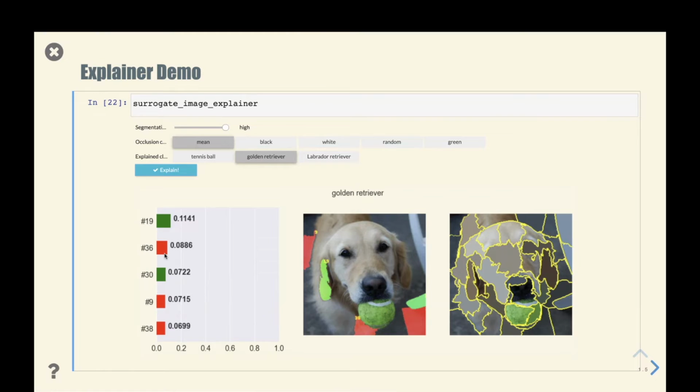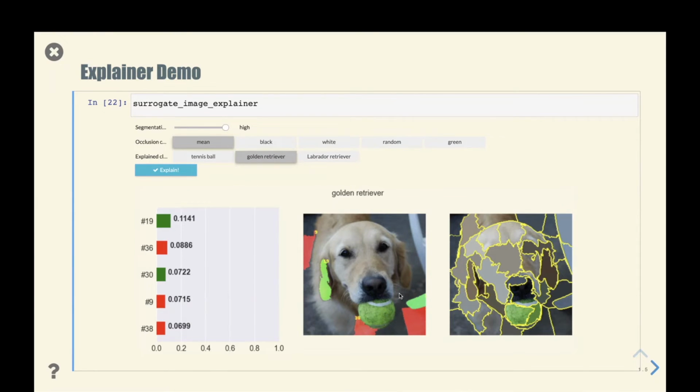So here, in case of this particular image, it would make sense to create one segment for the ball, just because it's an entity. It's something that we would use in reasoning. And then for the dog, maybe ears separate, muzzle separate, the body of the dog separate. There are some papers that instead of using occlusion for removing parts of images, cover part of the image with another object just to see what happens.